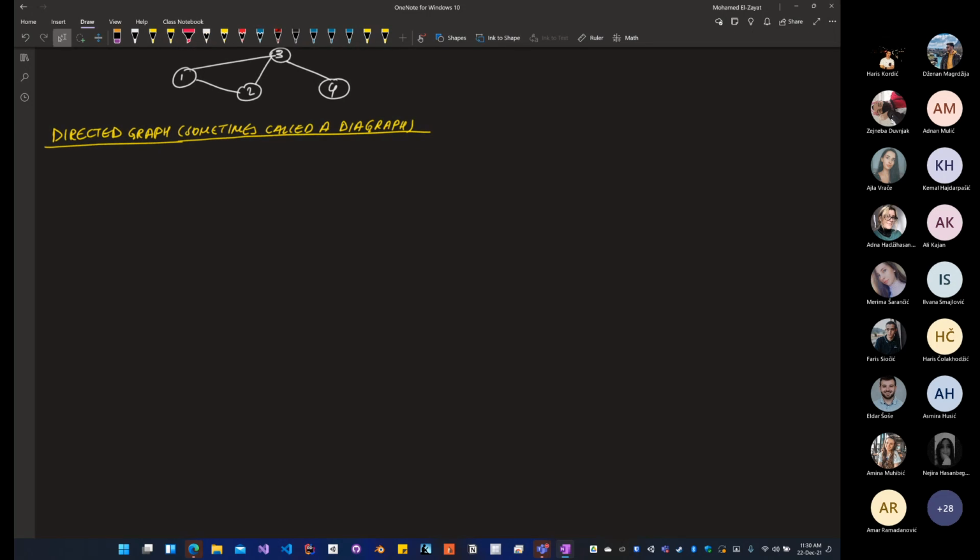Just an FYI, you might actually hear this terminology even more. So a directed graph simply has edges which have orientation.